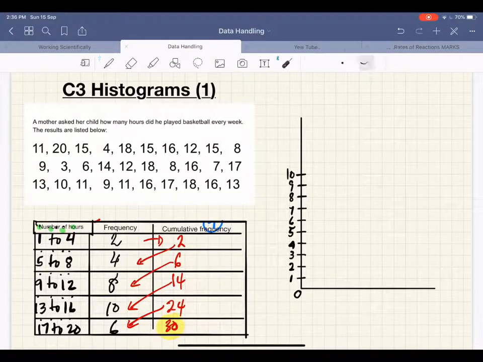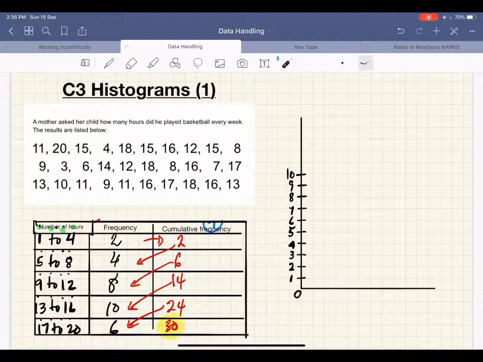Welcome back. So hopefully by now you understood how we ordered the data, how you wrote your grouped frequency data, and how you figured out the width of each class.